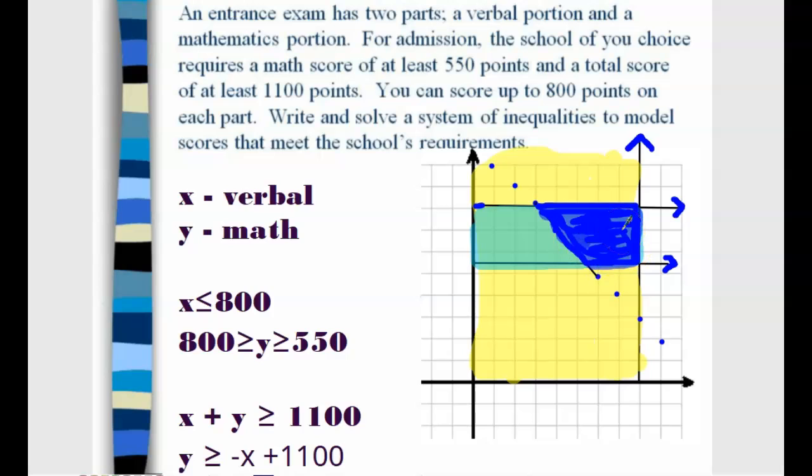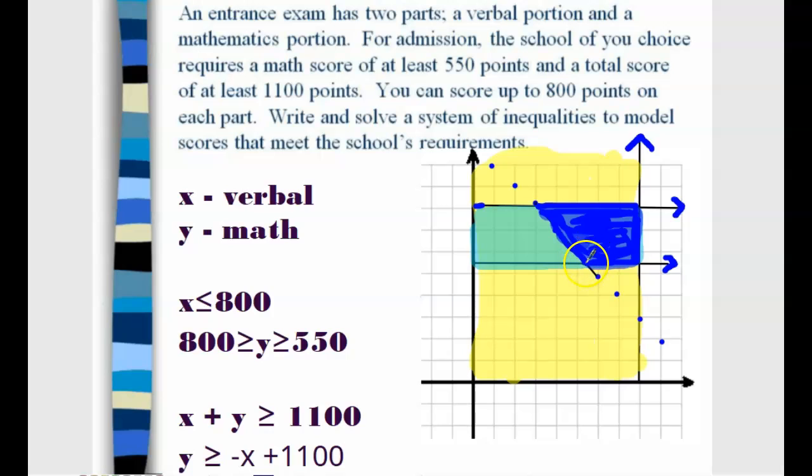So where it's super dark blue is my solution. So she could score a 700, 550, because 700 and 550 would be greater than or equal to 1100. She could score a 600, 550.